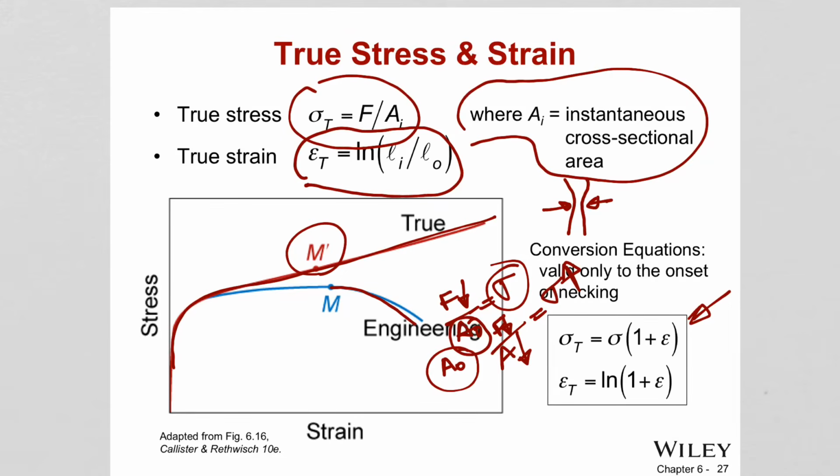And the reason is, once the material deforms plastically, it doesn't serve the purpose of our using it in that application. So that's why engineering stress strain curves are enough, but in reality true stress strain curves are the real ones, basically, because the lengths and cross-sectional areas are different at a given time.